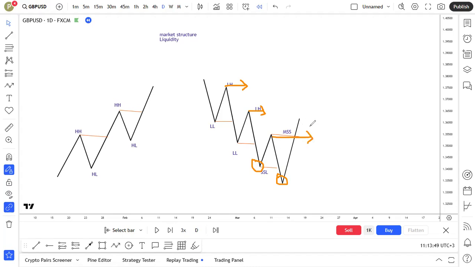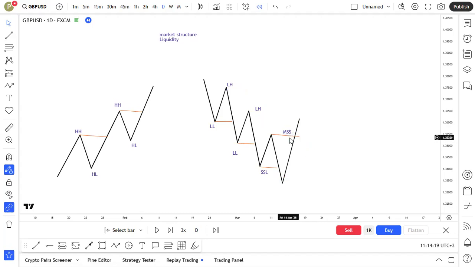So if we see price breaking this lower high, like what happened here, it is an indication that sellers are losing control of the market and buyers are entering the market. So we expect price to start reversing and going higher. We expect a reversal, a change in direction, and that's why this is called a market structure shift. Price is shifting from a bearish market to a bullish market. So we can clearly see this market structure shift.